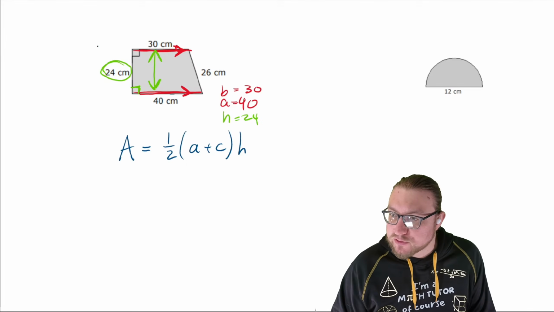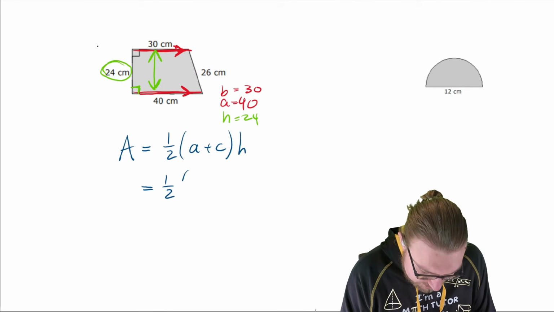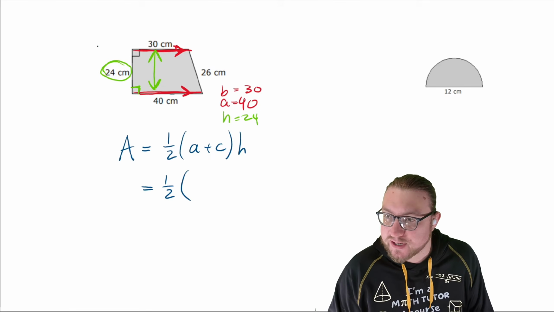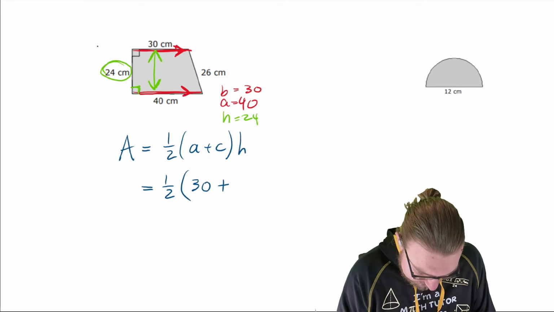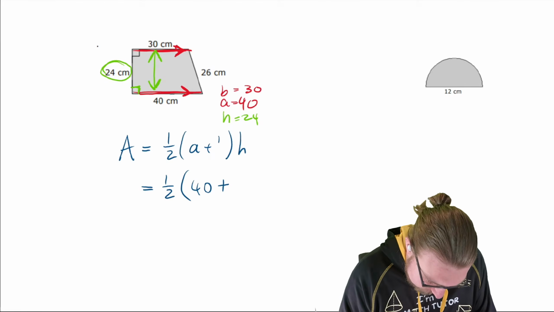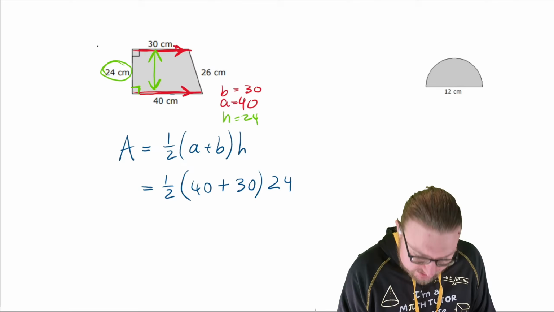Okay, so what do we have? We have a formula. We have numbers for it. So we're just going to replace them, substitute them in. So we're going to get A is 40, my bad. B is 30. And then H is 24.